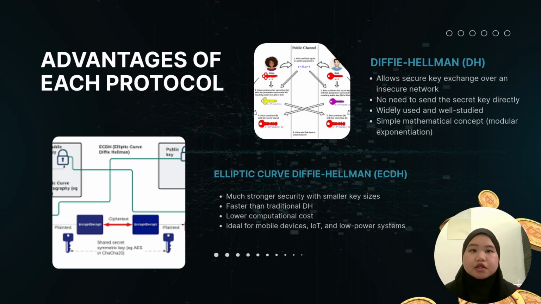Other advantages of ECDH include faster computation, lower power consumption, and better performance on mobile and IoT devices. Because of these benefits, ECDH is widely used in modern security protocols such as HTTPS and also TLS.